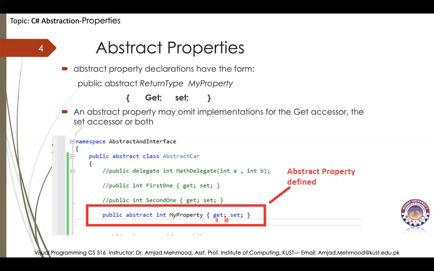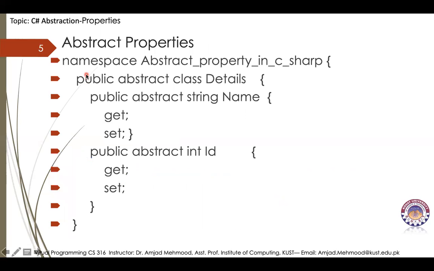So the derived class of this abstract class will declare or define this property. You can see abstract properties here, like public class details. As this class is abstract, you can see public abstract string name.